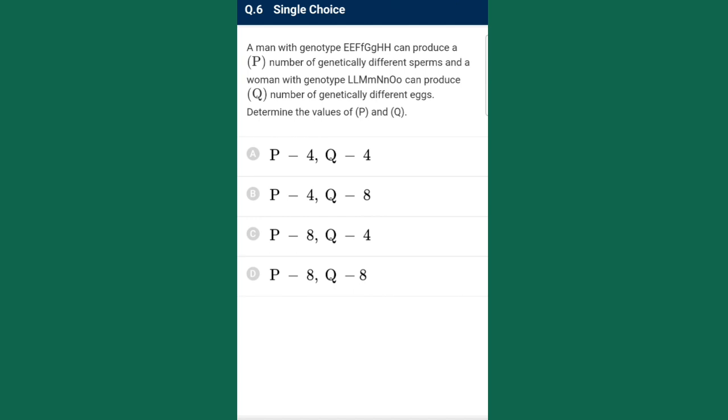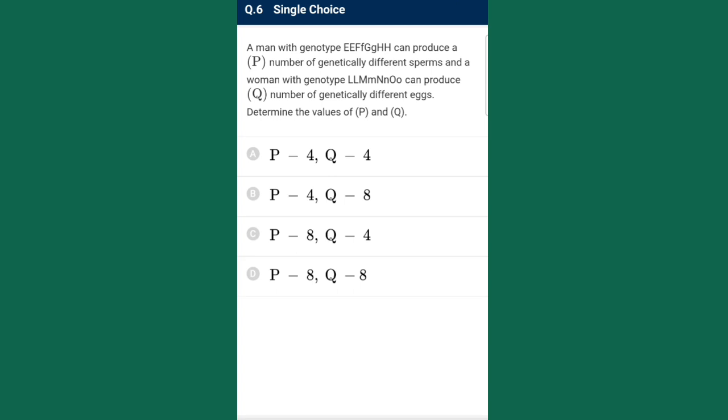A man with genotype, that is capital E, capital F, capital G, small g, capital H can produce 4 number of genetically different sperms as the individual is heterozygous for 2 gene loci. A woman with genotype capital L, capital M, small m, capital N, small n, capital O, small o can produce 8 number of genetically different eggs as she is heterozygous for 3 gene loci.